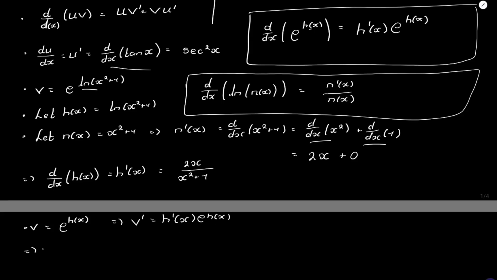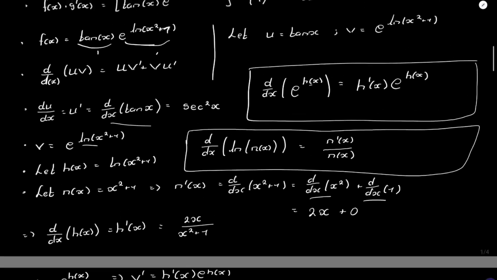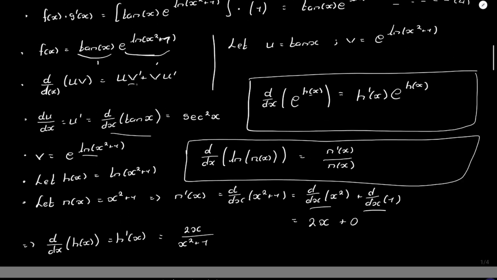This implies that v prime is equal to, what is our h prime? 2x on x squared plus 1 times e to the ln of x squared plus 1. So we have calculated v prime, we have calculated u prime, we know u, we know v. We can then find f prime of x.